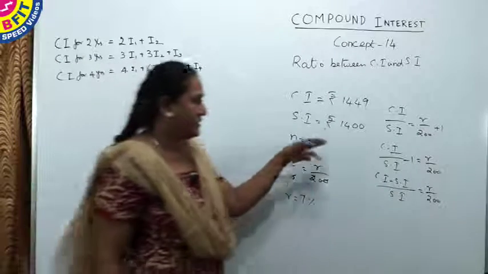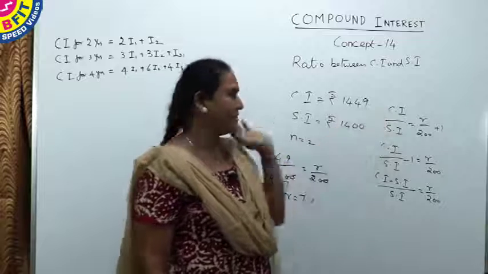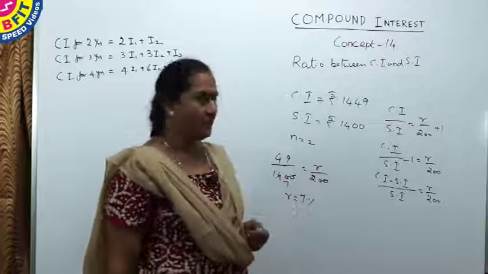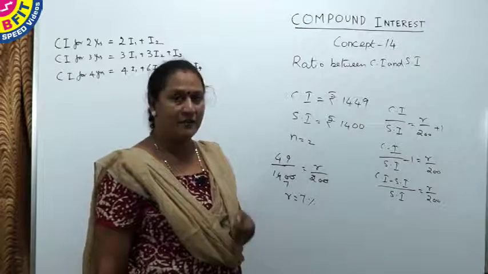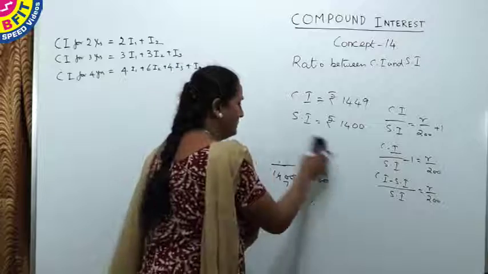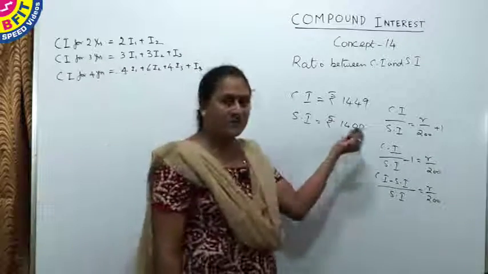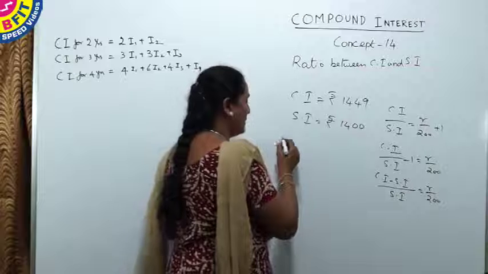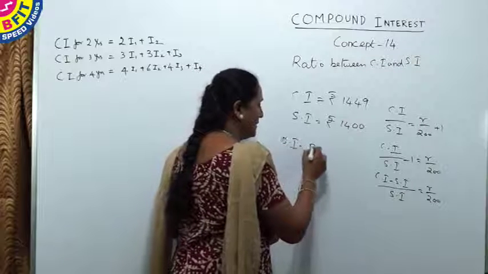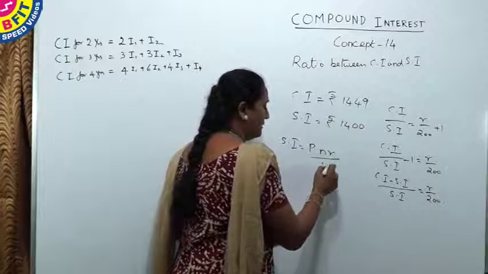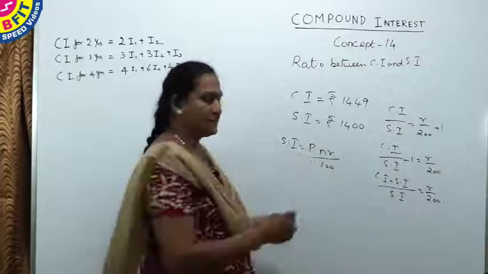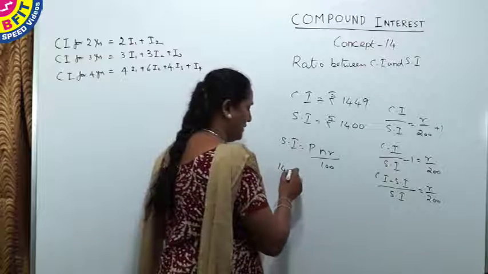So using this ratio, substituting for compound interest and simple interest, the rate is found. And now what is the sum of money deposited? For this you can use the simple interest itself. What is the formula for simple interest? It is PNR by 100. And what is simple interest? It is 1400.